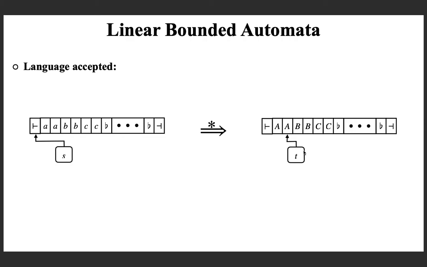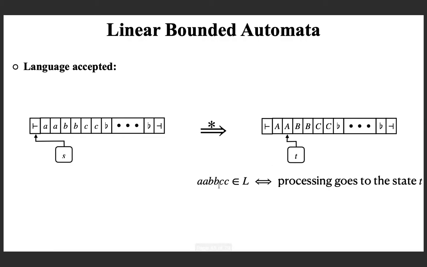So unlike in the case of finite state automata and pushdown automata, here you need not even finish reading your input. The moment you get into T, you can say that the input is accepted. It doesn't matter where the read write head is positioned. If you reach the state T, then it is accepted.